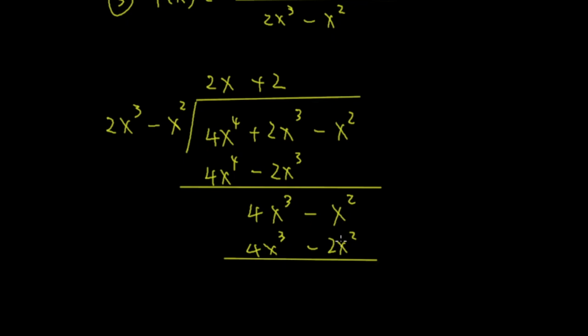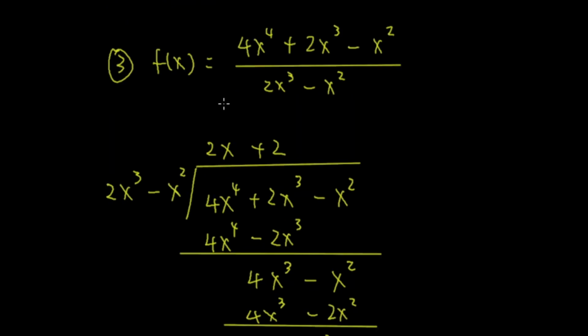Negative x squared minus negative 2x squared is positive x squared. Now can we divide 2x cubed minus x squared into x squared anymore? No, you cannot. So that's it. So this is the oblique asymptote: y equals 2x plus 2.